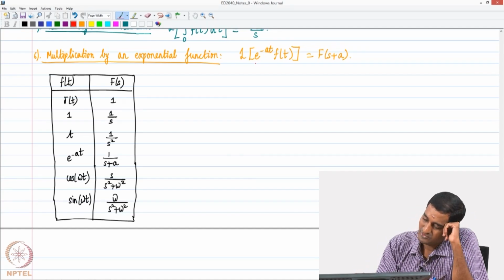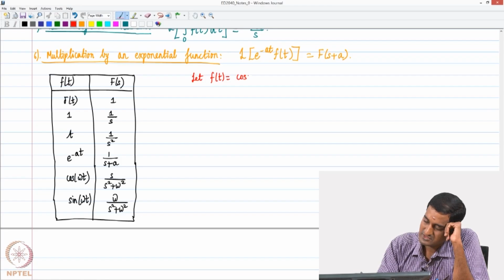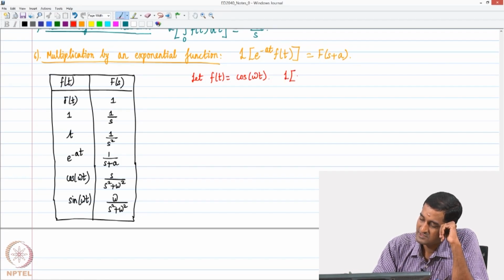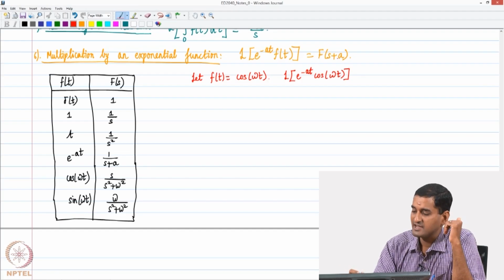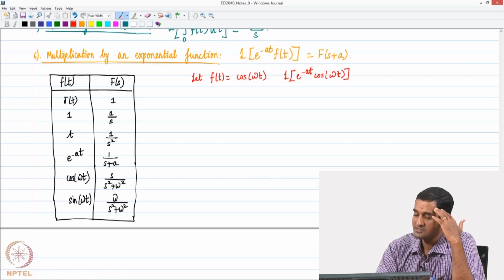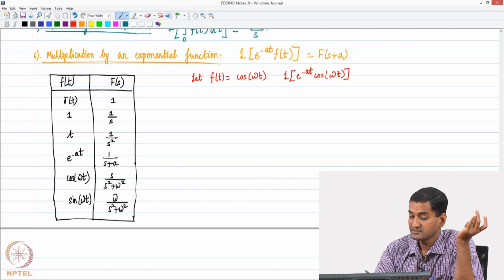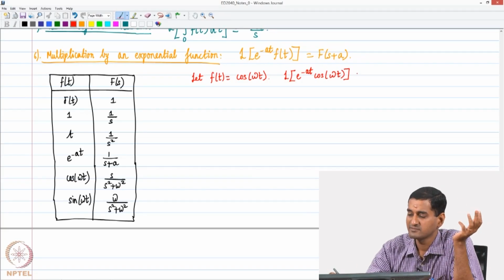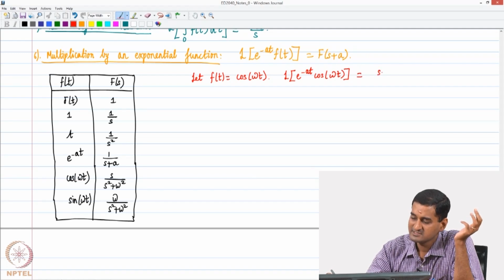Even if I want to demonstrate this, suppose let us say f of t is cos omega t. Then the Laplace transform of e power minus at cos omega t is going to be f of s plus a, right. That is what it means. The Laplace transform of cos omega t is s divided by s squared plus omega squared. So what this theorem tells me is that wherever you have s, substitute s plus a.